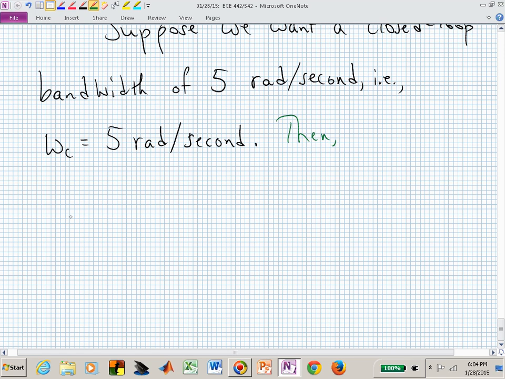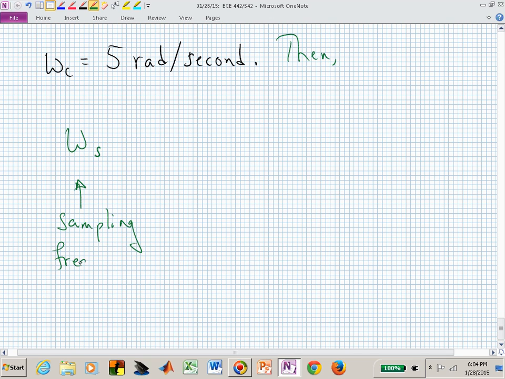Omega sub s is our sampling frequency in radians per second. We said you can relate that to the sampling frequency in hertz by this relationship.